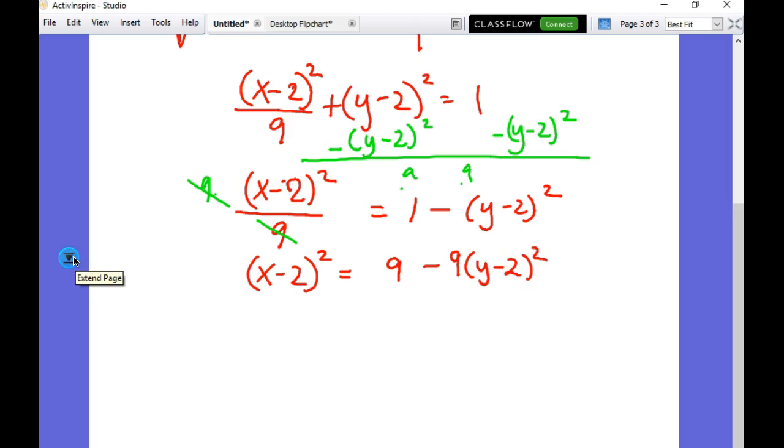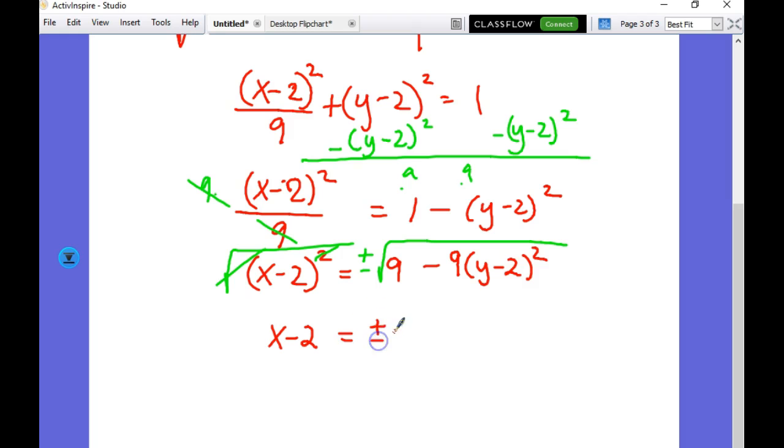Now what? Square root both sides. Now on the left side, these cancel, and on the right side, we get a plus and a minus, right? And we have one more step to complete this process, which is what?